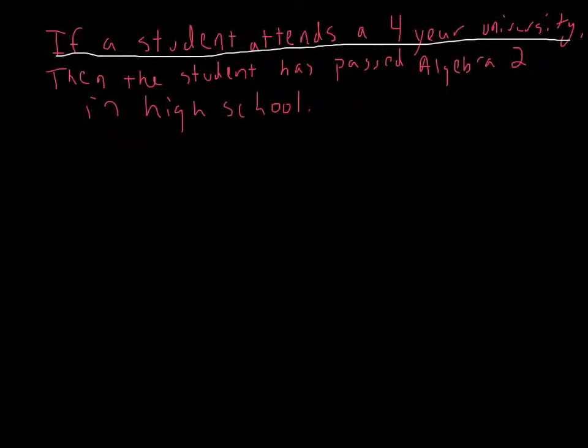And then our conclusion: then the student has passed Algebra 2 in high school. So we have our hypothesis, we have our conclusion. Now let's take a look at how to rewrite it.